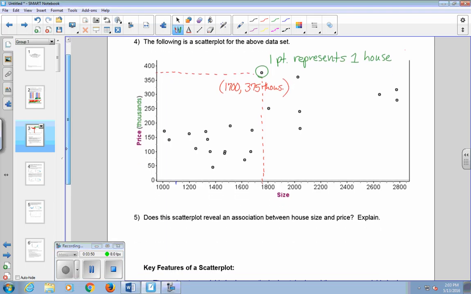All right, down below, does the scatter plot reveal an association between house size and price? It looks like it does. It looks like it confirms what we saw in the table. It's a little bit easier to pick out though. As size increases, the price tends to increase.